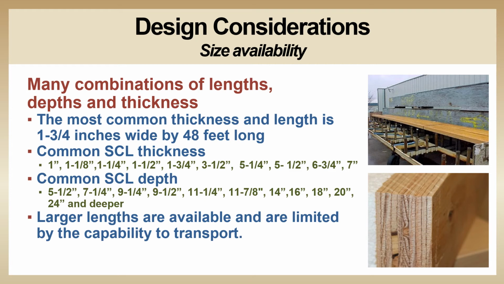With the width of the billets 48 inches or more, there are many possible widths and depths of structural composite lumber. Common SCL depths match construction uses of 5.5 inch, 7 1/4 inch, and 9 1/4 inch, and deeper, with lengths being limited only by the ability to transport.